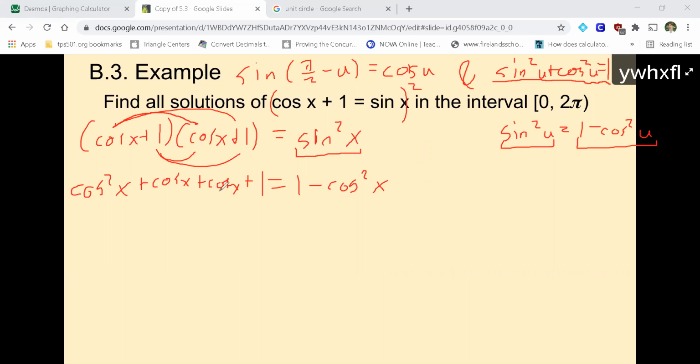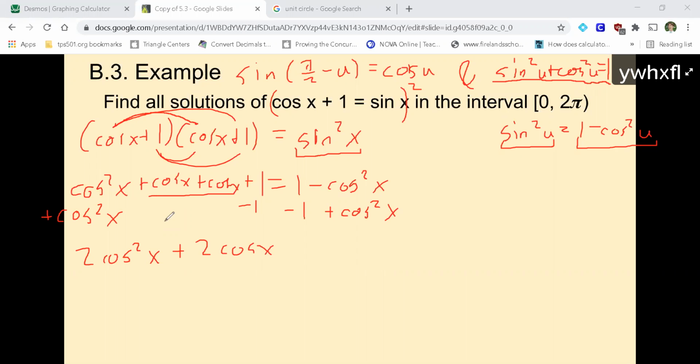And then once you do have that, this is just solving it like normal. I'm going to get everything onto one side. So minus 1 plus cosine squared plus cosine squared. So I'll get 2 cosine squared. Cosine plus cosine is 2 cosine.